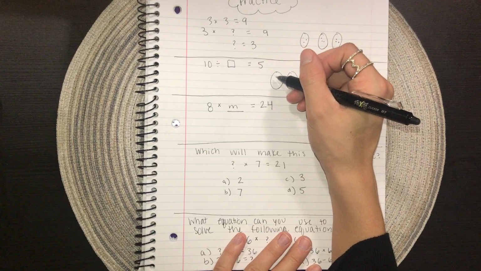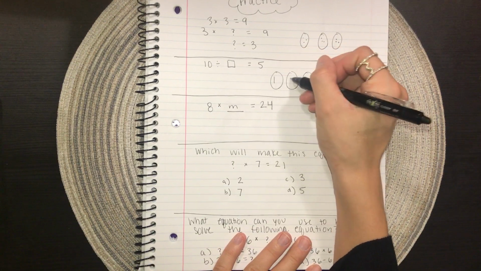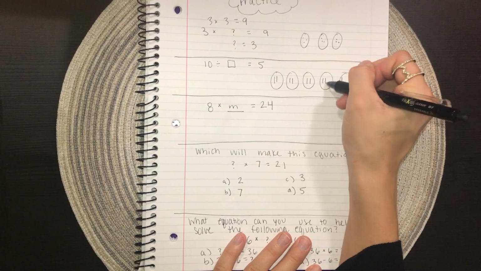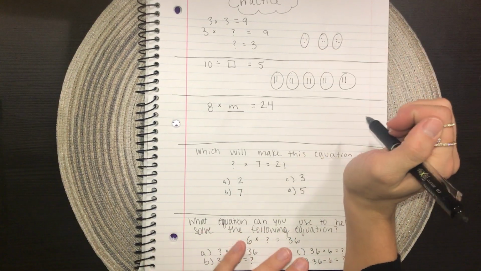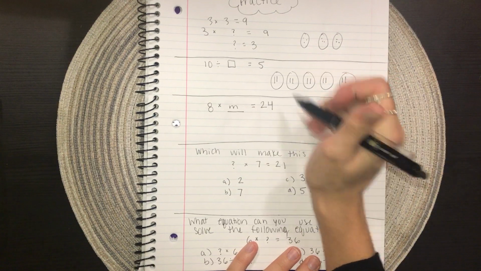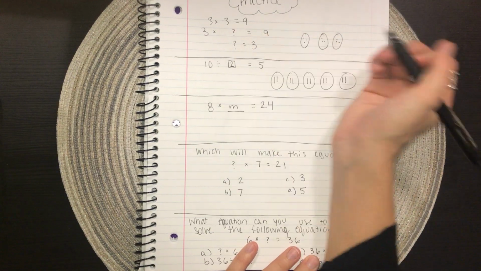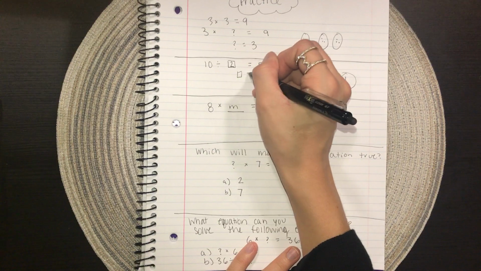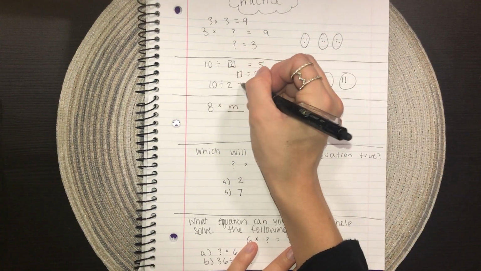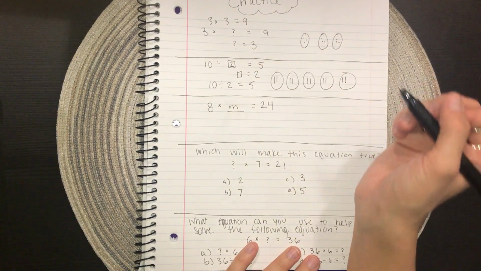We're going to split 10 up amongst each one. So 1, 2, 3, 4, 5, 6, 7, 8, 9, 10. We stop because we've reached 10, and there are 2 equally within each group. Therefore, you fill the box in with a 2, or you could write box equals 2. 10 divided by 2 equals 5.